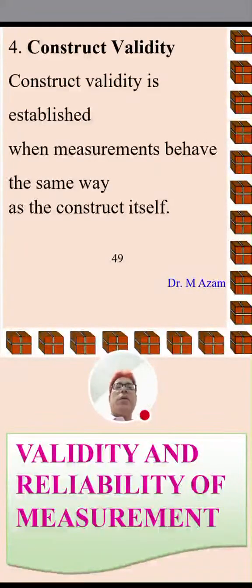Number four, construct validity. Construct validity is established when measurements behave the same way as the construct, as the variable itself behaves.